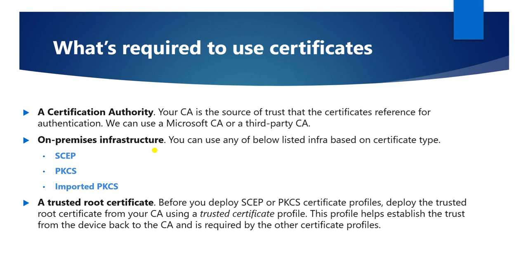So before you deploy a SCEP or PKCS certificate profile, deploy the trusted root certificate from your CA using a trust certificate profile. So these are the common things which we need to understand, what is required when we deploy or use certificates.